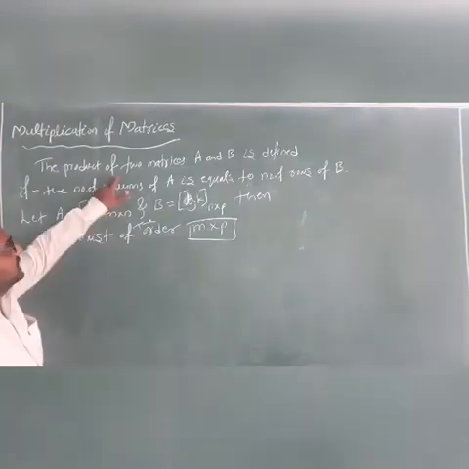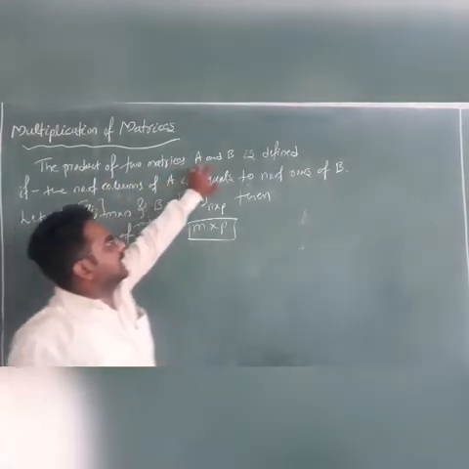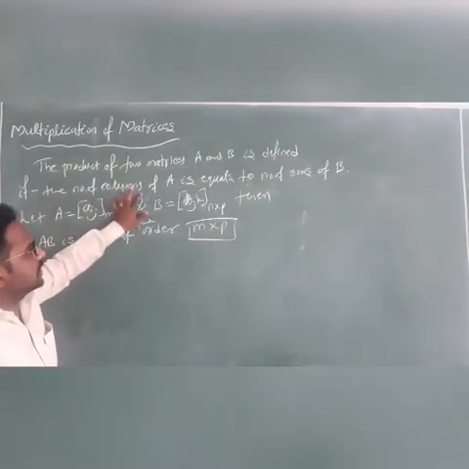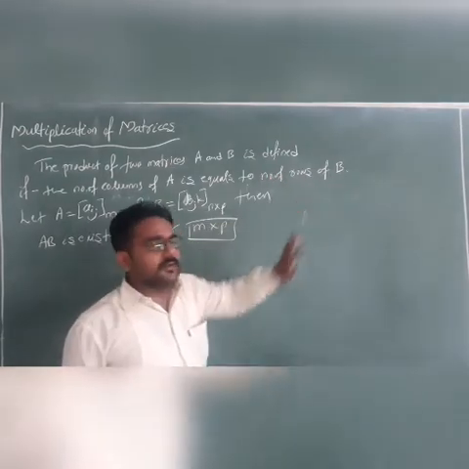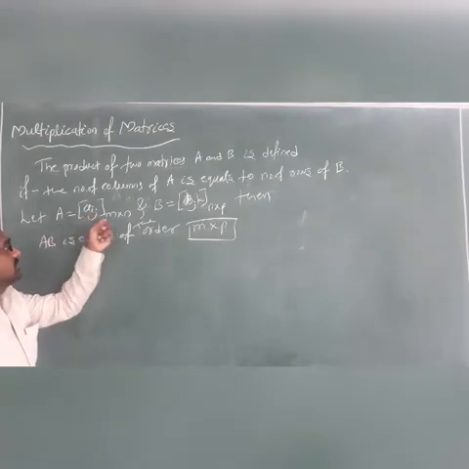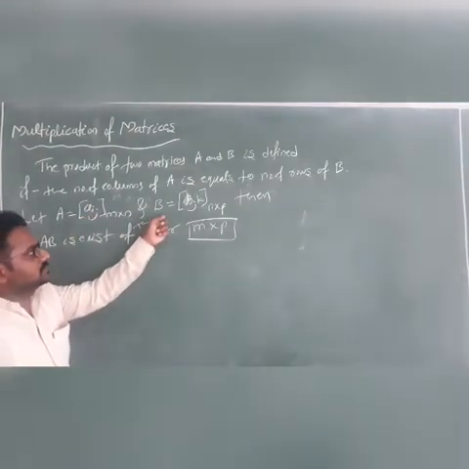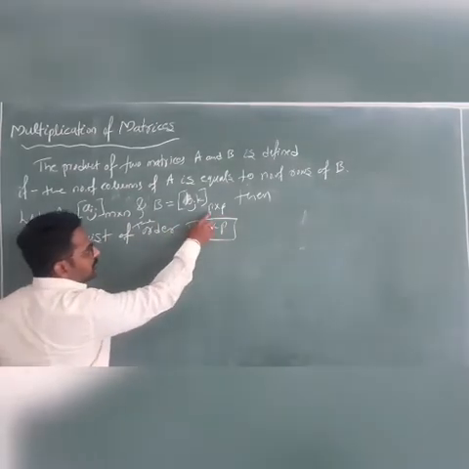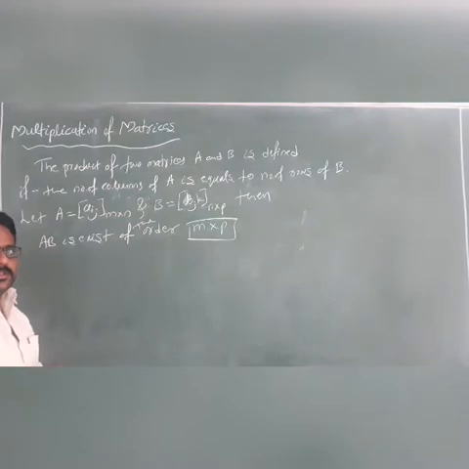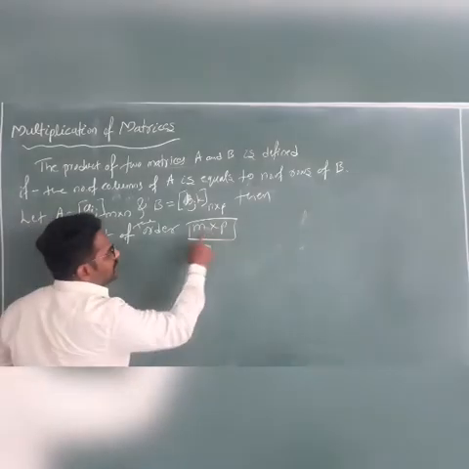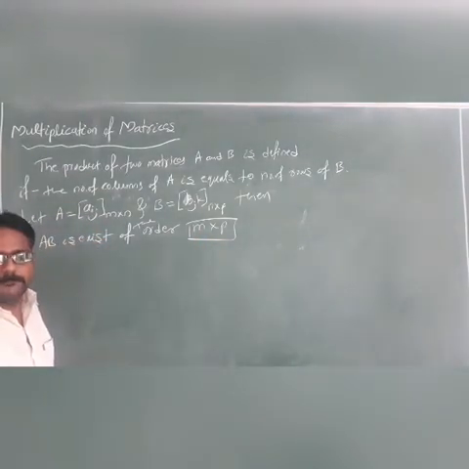Why? Because, as already mentioned, the product of two matrices A and B is defined, or is said to exist, if the number of columns of A is equal to the number of rows of B. See here, I considered matrix A of the order m by n and matrix B, Bjk, of the order n by p. Here the number of columns of A and the number of rows of B are the same. So AB exists, that is, the product of the matrices exists, of the order m by p. Okay?